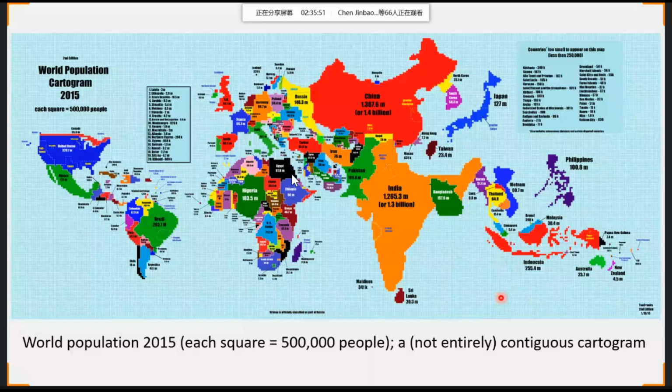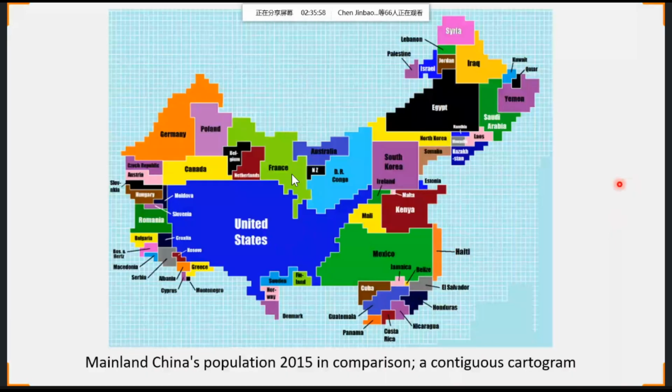That one here, it's also a bit funny, but also interesting. So the population of China, and you see a lot of different countries here that you could add together. All these different countries added together give the population of China.